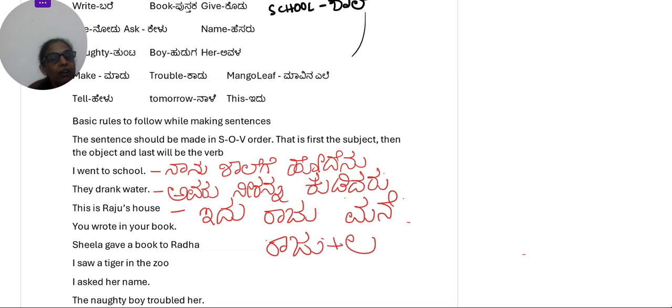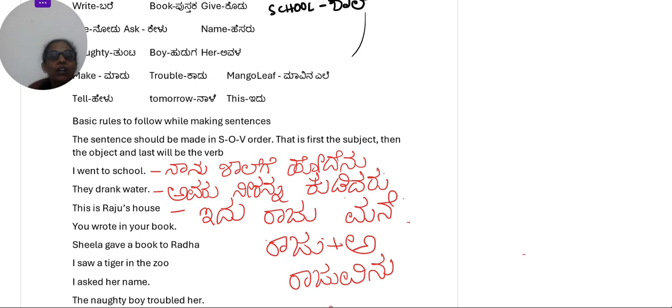If you remember, a. Okay, so now you have to add this vibhakti. There is no past tense here because we are not having any verb in this sentence. But still we are adding vibhakti because it's showing the relationship between Raju and house, because the house belongs to Raju. So now Raju and a, when we join together, it will become Rajuvina.